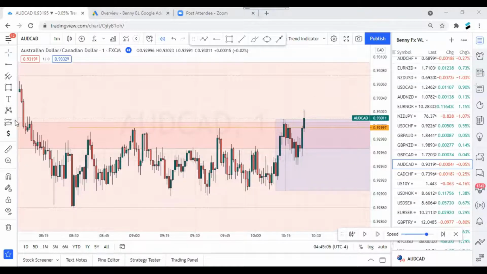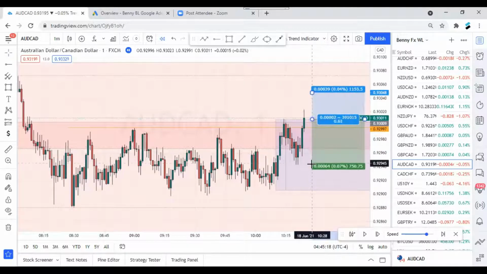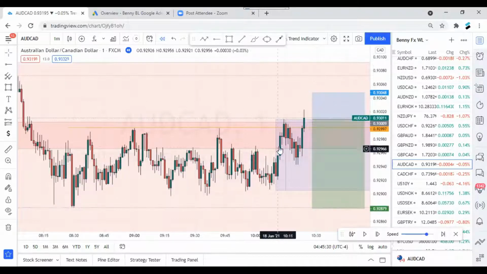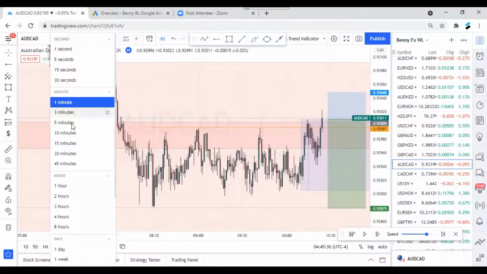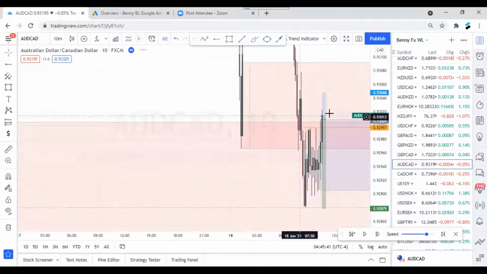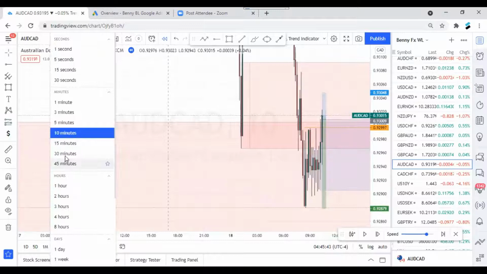So we put a buy limit there. Stop loss, you can put it here, or to be safer, you can always put it all the way down. Now we put it all the way down, but of course that means there's a lot more risk. Let's go to the 10 minutes time frame or 15 minutes time frame.